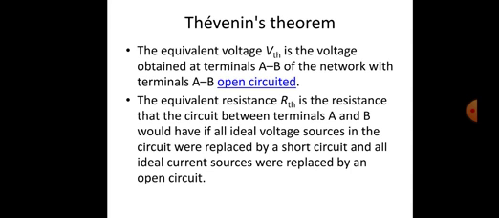The equivalent resistance RTH is the resistance that the circuit between terminals A and B would have if all ideal voltage sources in the circuit were replaced by a short circuit and all ideal current sources were replaced by an open circuit. Thevenin voltage: the open circuit voltage that appears across the two terminals is the Thevenin voltage.